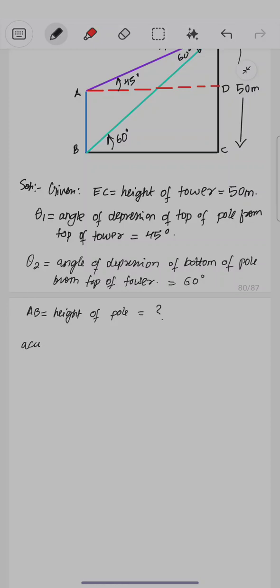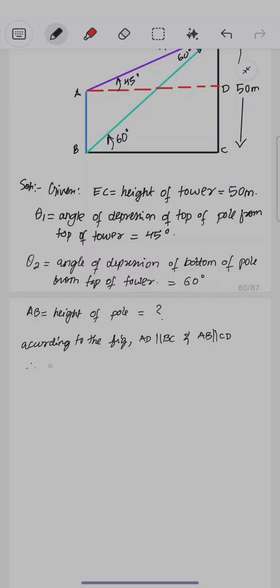According to the figure, AD is parallel to BC and AB is parallel to CD, which means AD and BC are parallel and AB and CD are parallel.